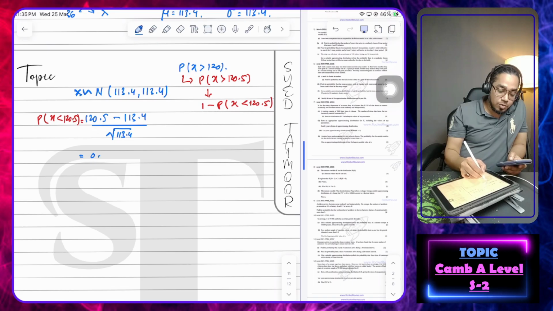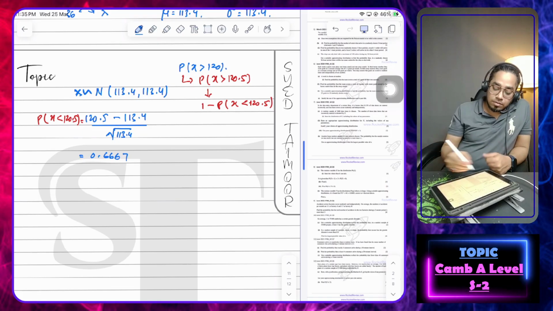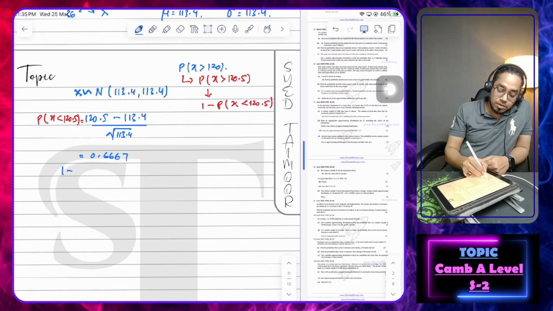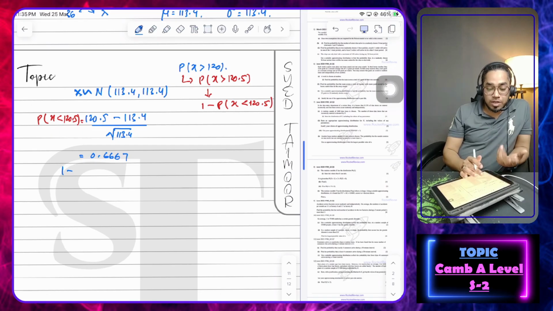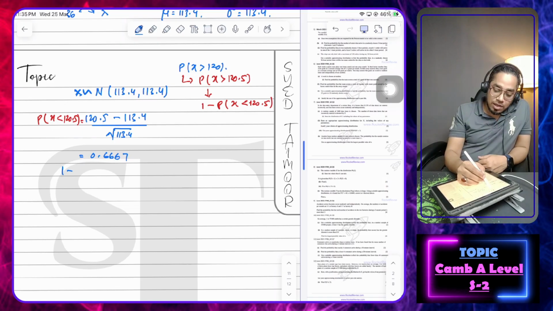That is exactly 0.6667. So 1 minus. Oh, we have to check that one. 0.66667. So I think I should round it off.